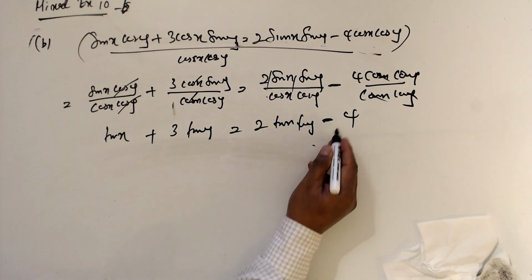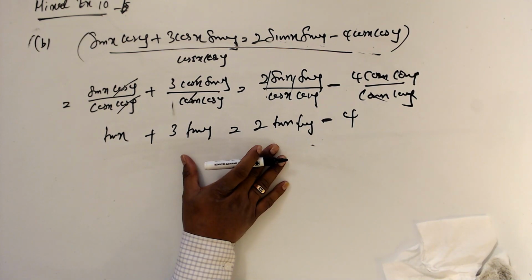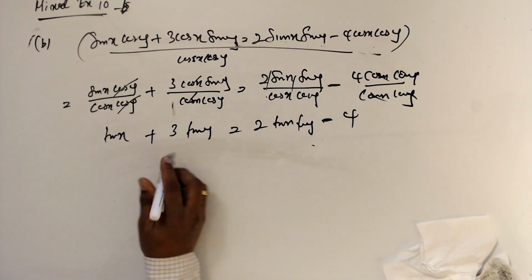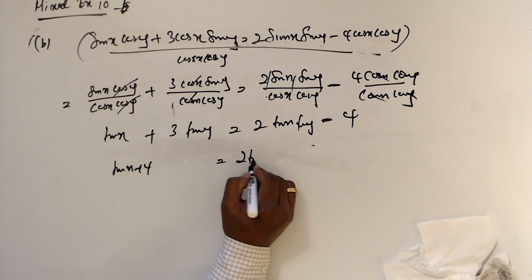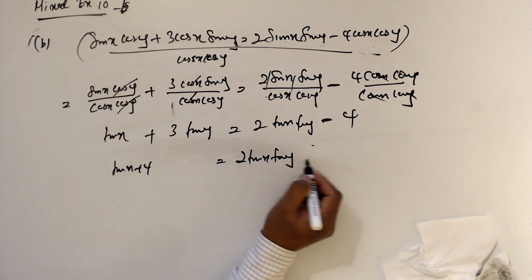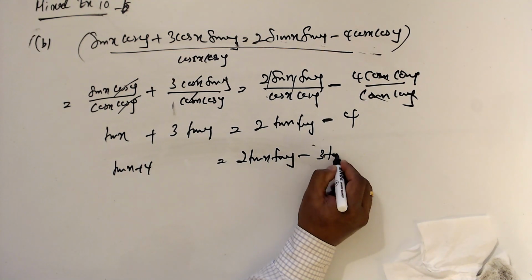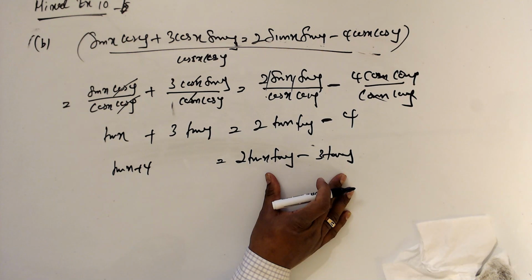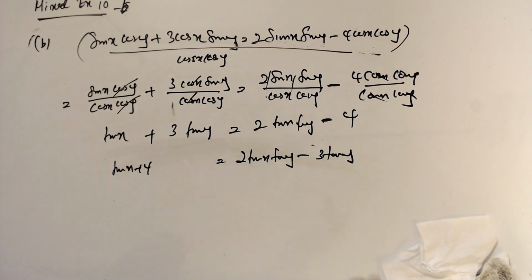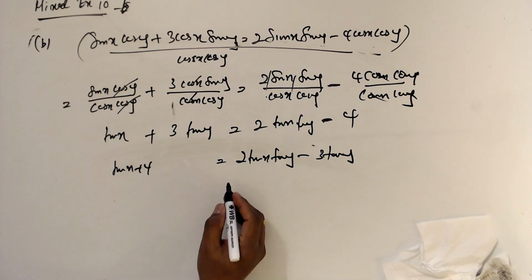Now I want to make tan y separate. So I'll bring this minus 4 here, tan x plus 4, and this 2 tan x tan y I bring to the other side, because when I write this in one side, I can factorize tan y and take it out. So that's the plan.